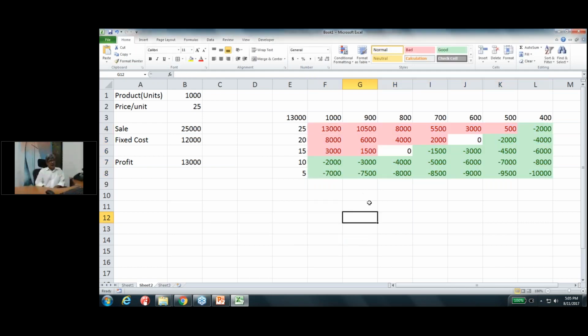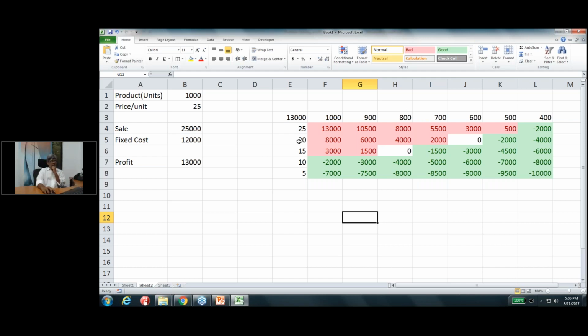The table that we have just created highlighted a few insights. It gives us two possible solutions. If we set the price at 15, and if we sell 800 units, we will have the break even.